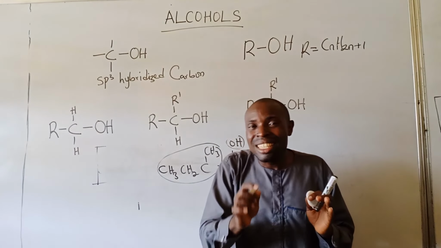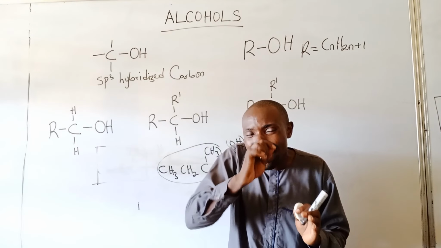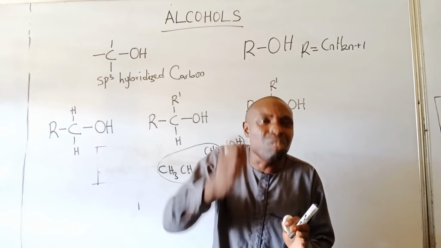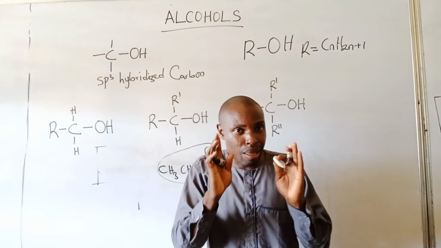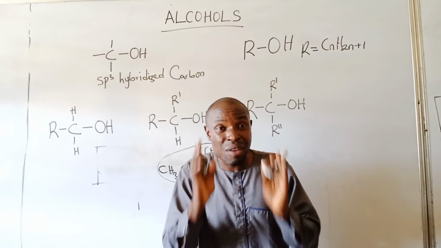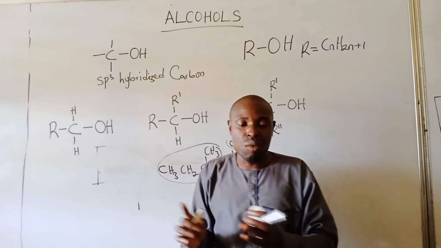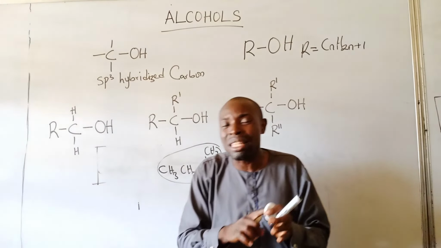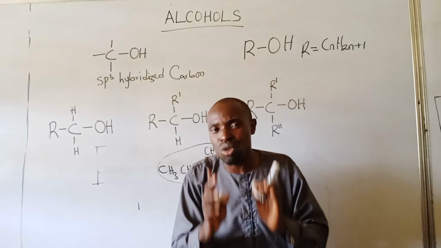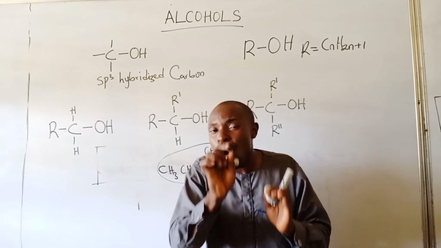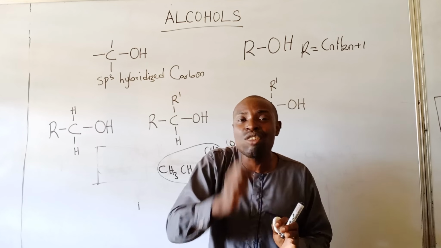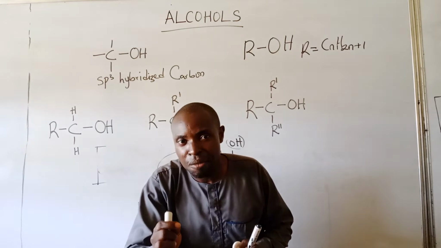It is because the oxygen atom present in it is capable of hydrogen bonding. Is that clear? The first 5 members of the alcohol, which are methanol, ethanol, propanol, butanol, and pentanol, are water soluble because the oxygen atom is capable of hydrogen bonding with water.